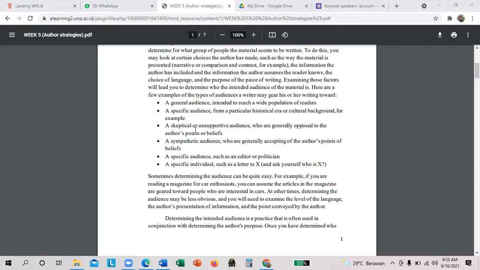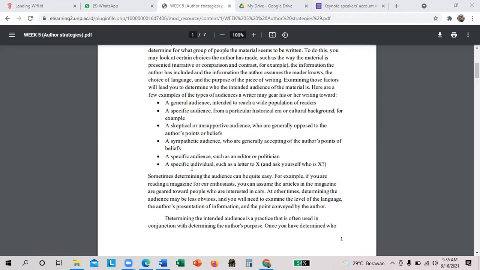And then skeptical or unsupportive audience, meaning they oppose or disagree with the author's opinion or beliefs. And then sympathetic audience, meaning they generally accept the author's point of view. Specific audience, such as an editor or a politician.